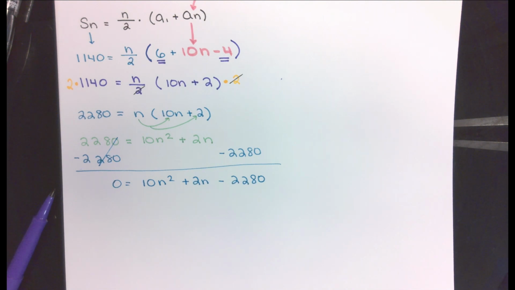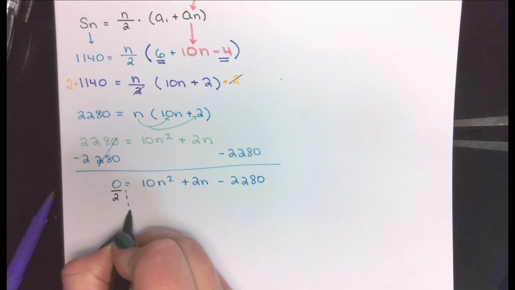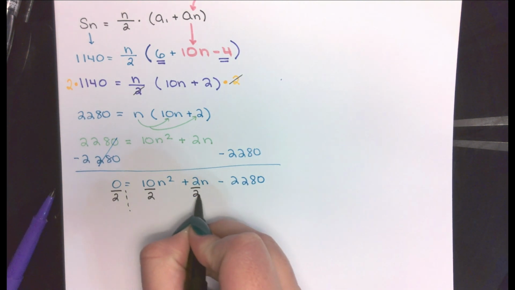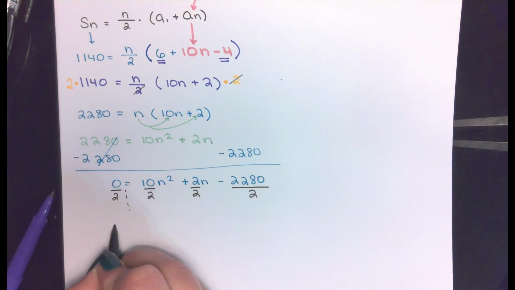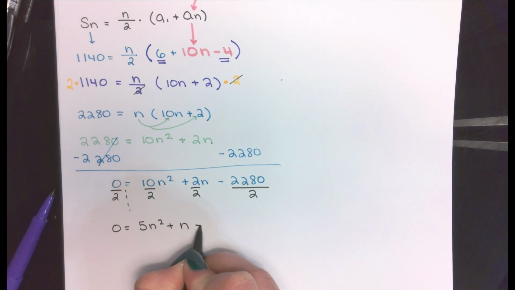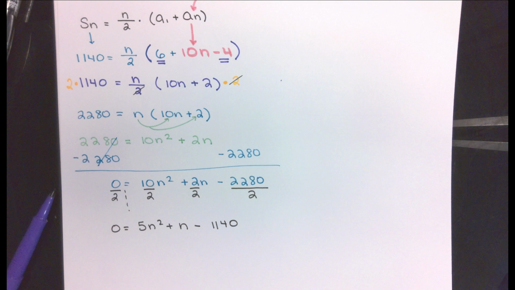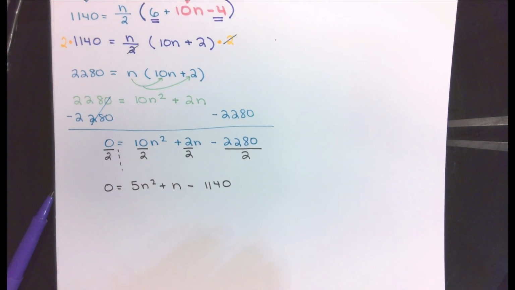So instead, I am going to see what number I can divide everything by, and that number happens to be 2, which ends up giving me a leading coefficient of 5, and that means we have to use rainbow method.